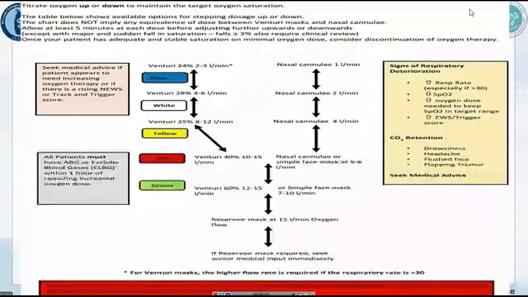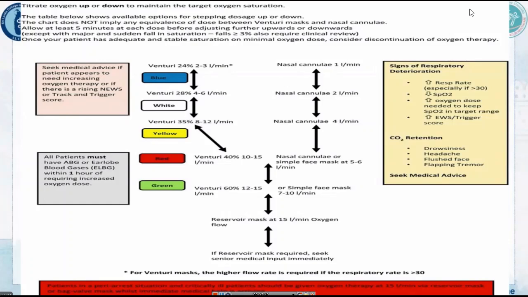This is just to remind you what I have been talking about for the last few minutes. So you start with 24%, and if the patient is not getting the required target oxygen saturation, you can go up the ladder, go to white, go to yellow, go to red, or go to green, and if that fails, go for the non-rebreathing mask.